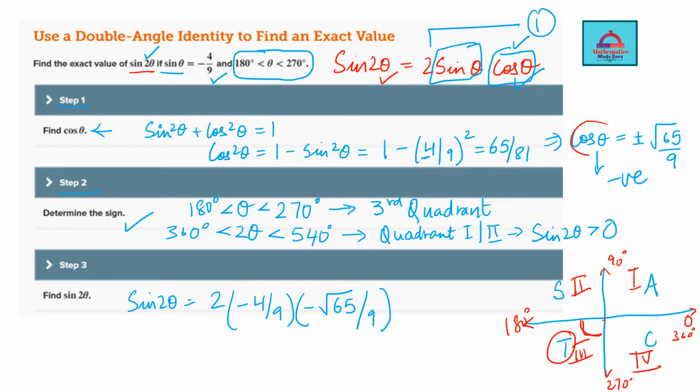That means cos is going to be negative. So now you just simplify, negative negative becomes positive, solve it up, and on multiplication this comes out to be 8 times 65 over 81. So that's your final answer for sine 2 theta.